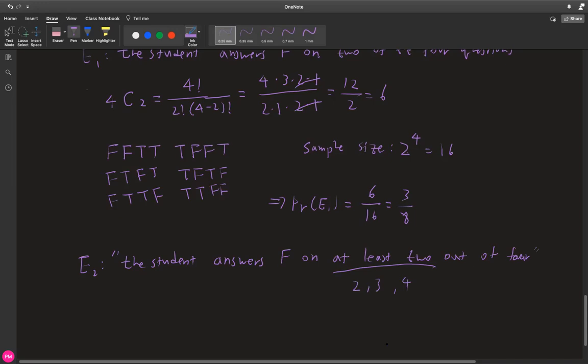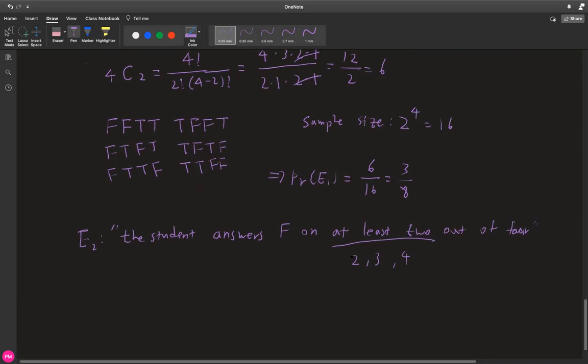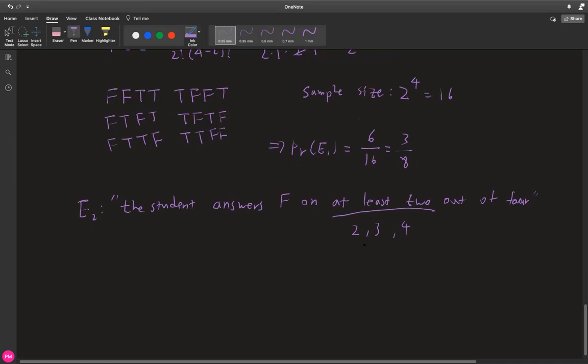So in this case, it's more likely to have the student guess at least 2 out of 4 Fs than not. So we're going to approach this problem a little differently. We're going to count the complement.